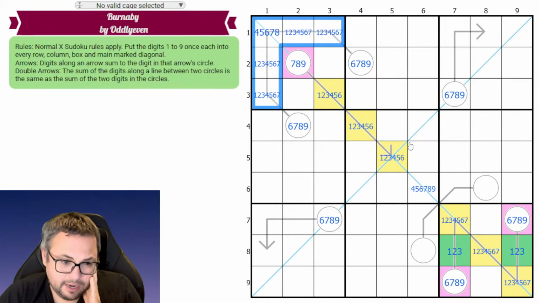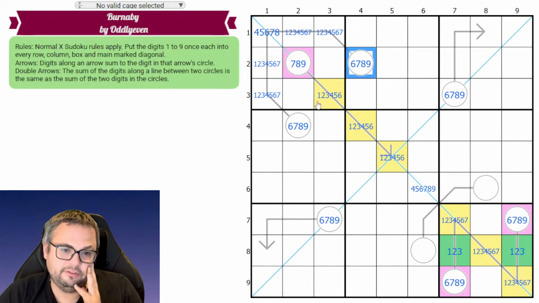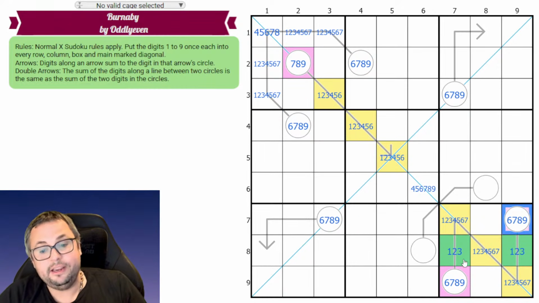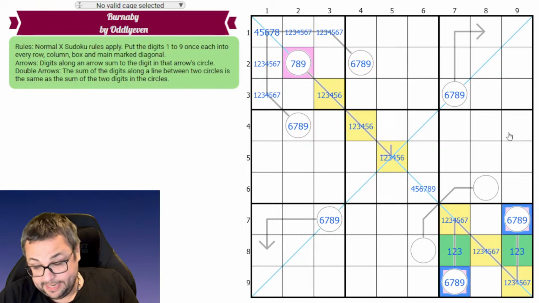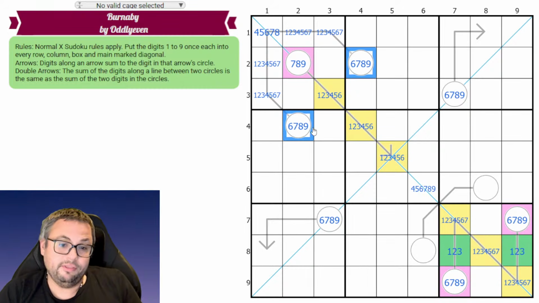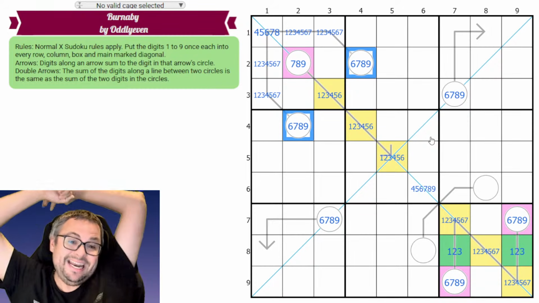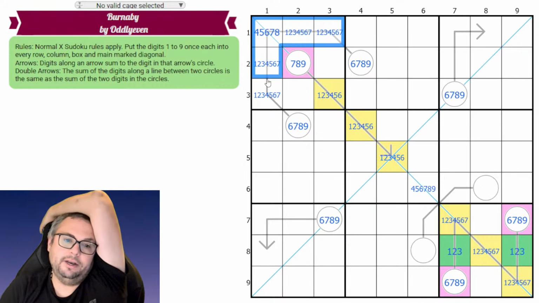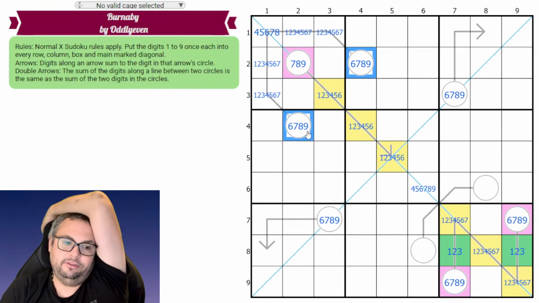So if you're not following exactly what's happening here, the point is that the sum of two cells, if they see each other, is a maximum of 17. But if they don't see each other, the sum of them is a maximum of 18, which would normally allow you to put an 8 on here, but you can't because of the Sudoku implications of putting 9s here.